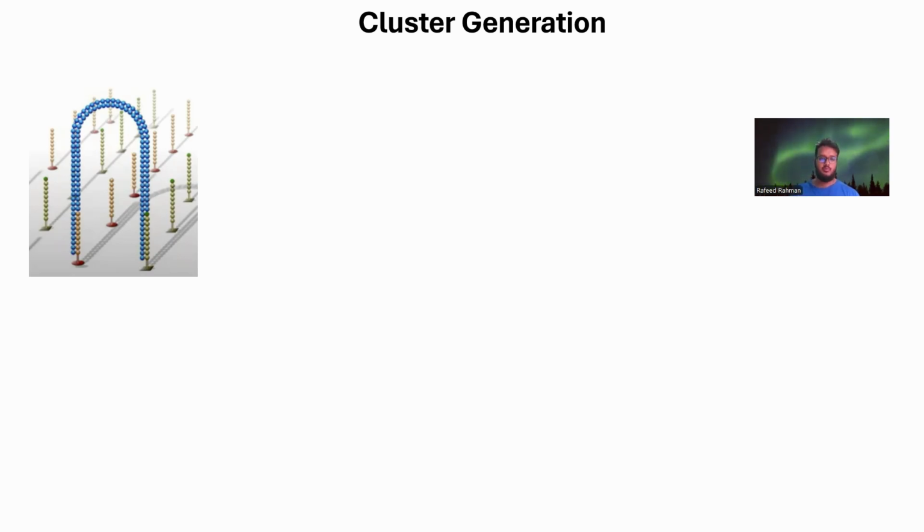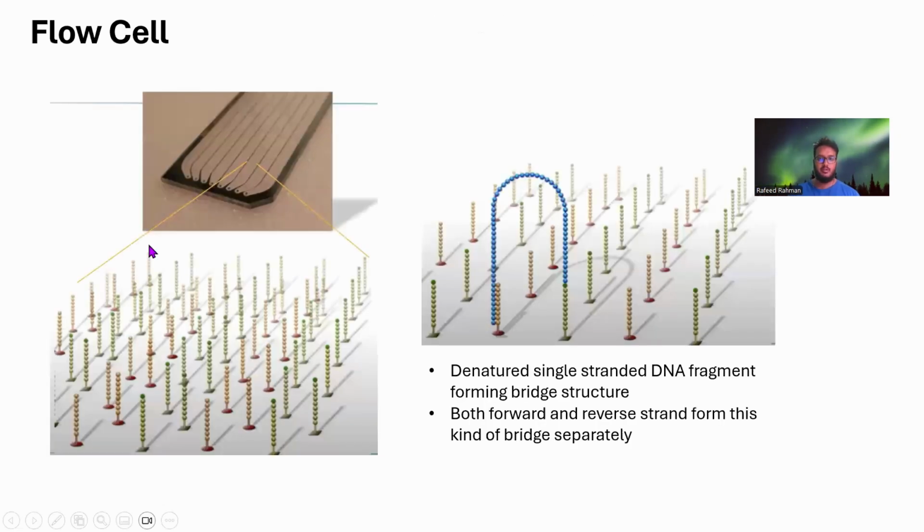So what we try to do is form a cluster of these. If this is a single strand, then we want to make many, many copies of the single strand in the same place, in very close proximity. Now if we monitor the synthesis process of all of these together, it will be much more enriched and will give us a much higher resolution in monitoring how the synthesis process is going on.